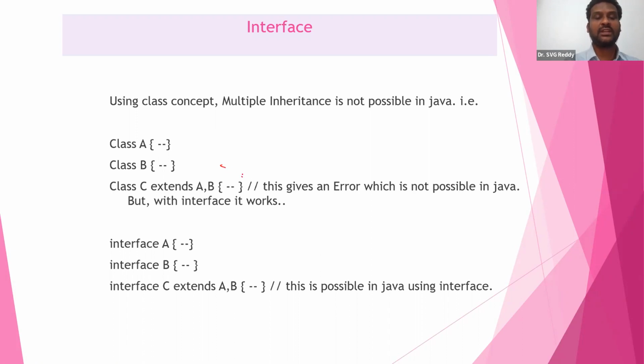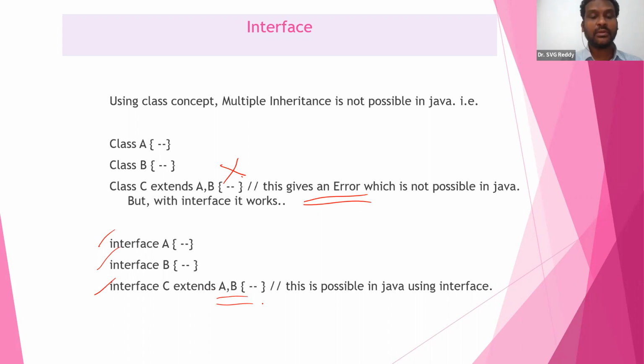Of course, this is not allowed actually. See, this gives an error. So Java doesn't support it directly. So we can't extend multiple classes. But rather, if it is interfaces, interface A, interface B, and interface C extends AB, yes, it will allow.